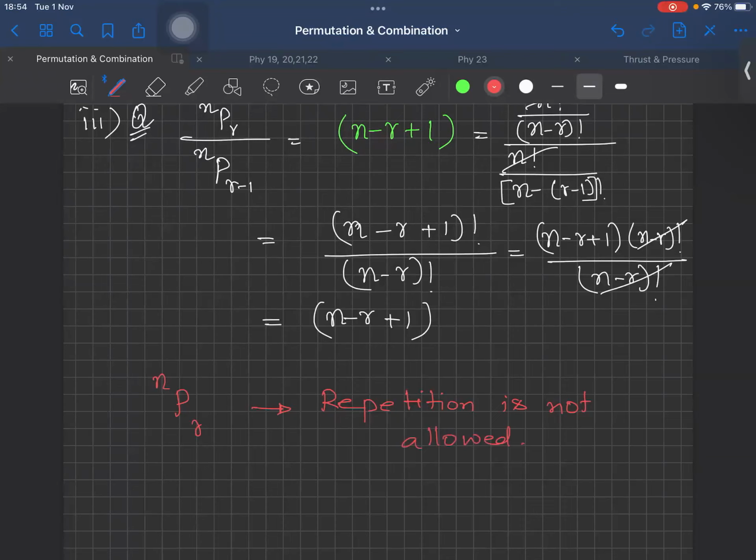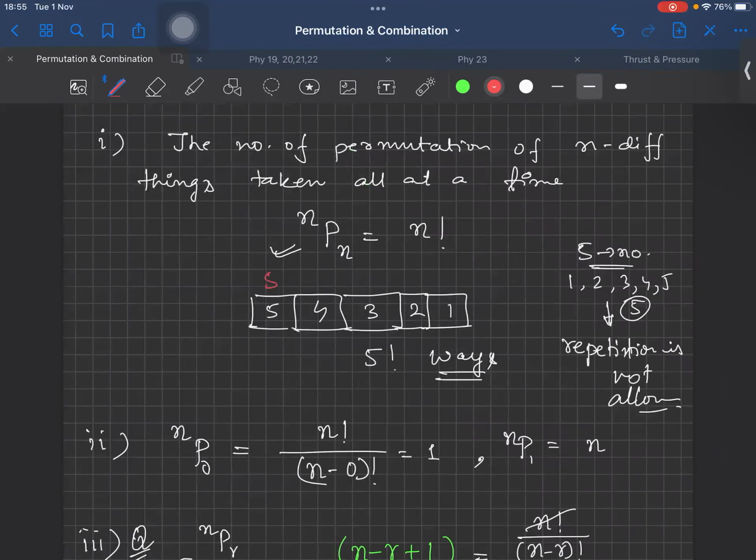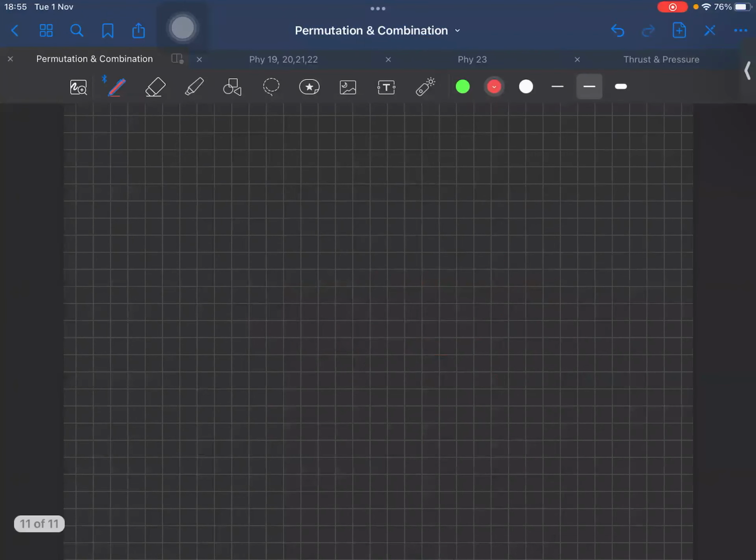If repetition is allowed, it will just be n to the power of r, however many places there are. Like we did this problem, if repetition was allowed here, it would be 5 into 5 into 5 into 5 into 5, so this will become 5 to the power of 5. But here repetition is not allowed, so this is 5 factorial. We have done this type of problems in the fundamental principle of counting.